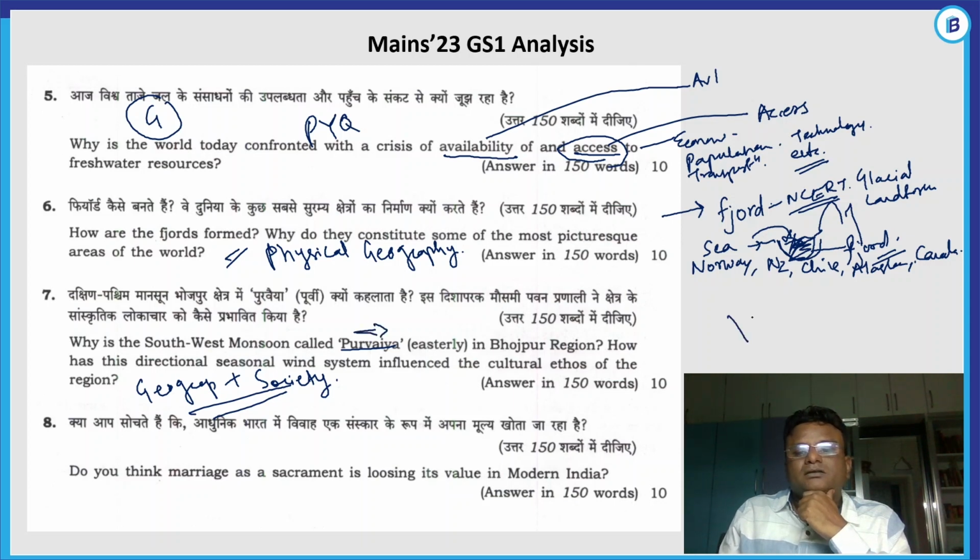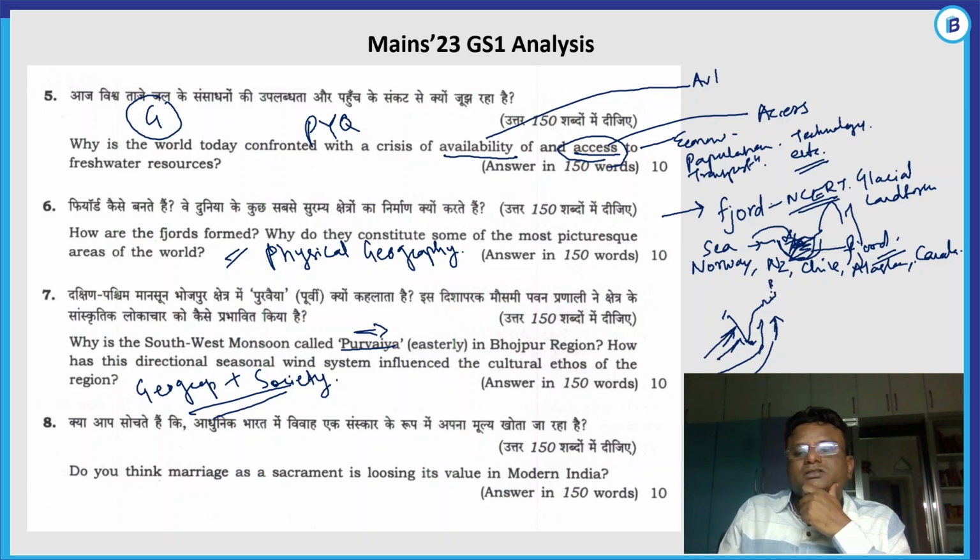Why? So the southwest monsoon comes here, but then it gets divided into two parts on this tip, and then some monsoon comes from this side, which is originally coming from this side and like this, right?